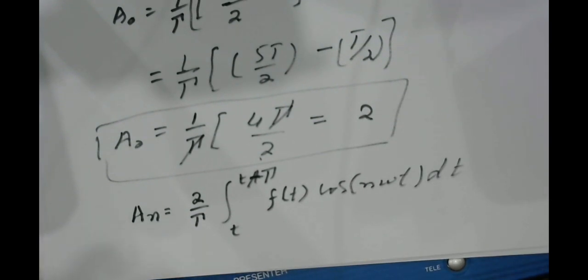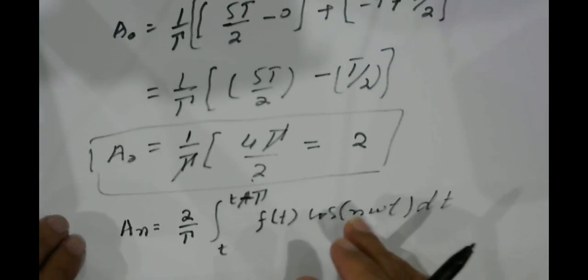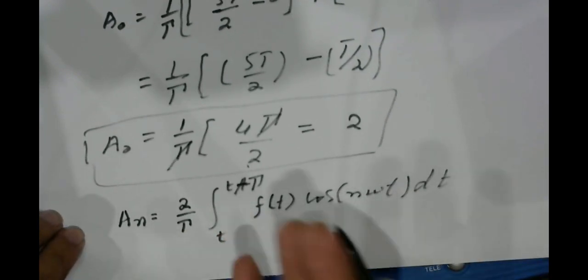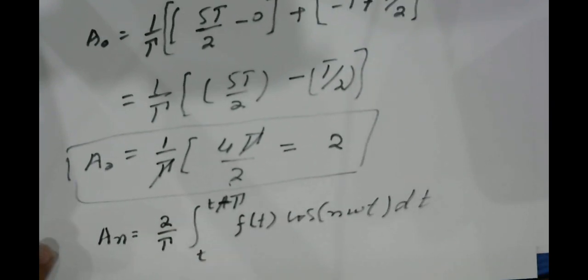So this is your formula, and we will evaluate this thing to find out an. Okay, so it's really easy. You just need to find some integral and you will get your desired result. Then you put different values, and over here you will get a1, a2, a3, a4, a5, and so on. Okay, so this is simple.